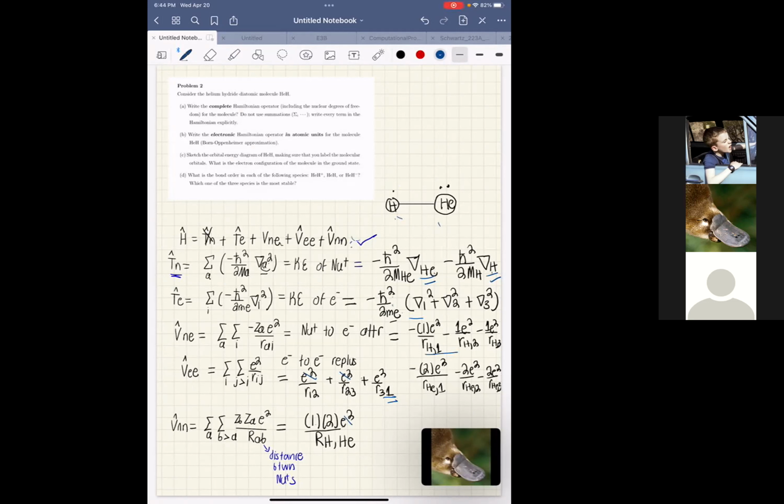And then I just set E squared to 1 if they are asking for atomic units. Yes, and I wouldn't use the wording cross out, just say E squared equals 1.